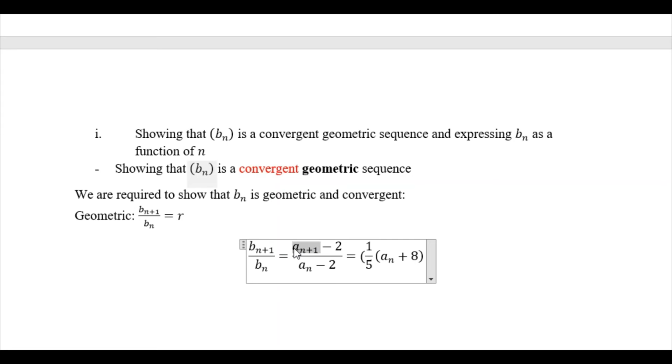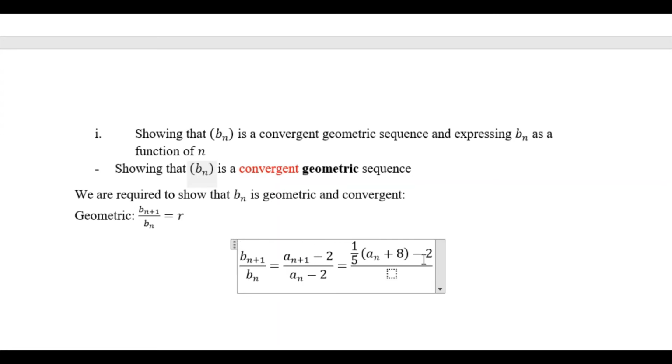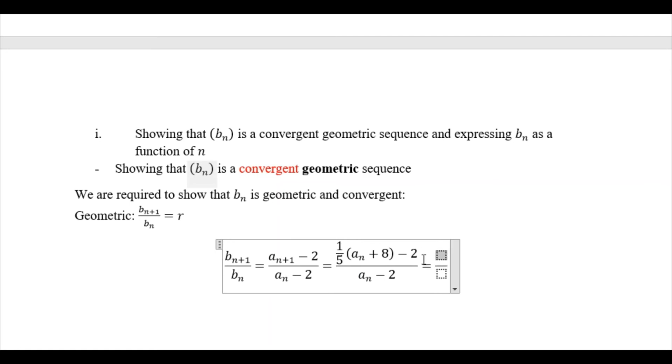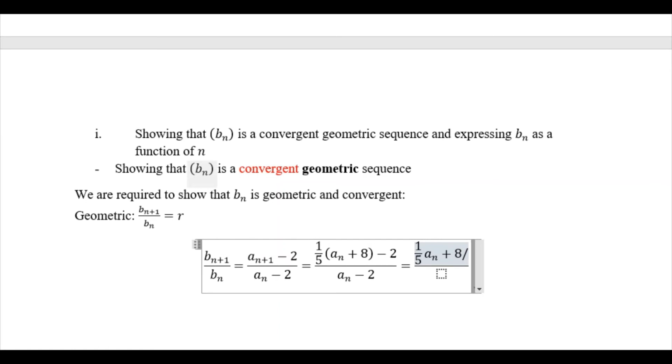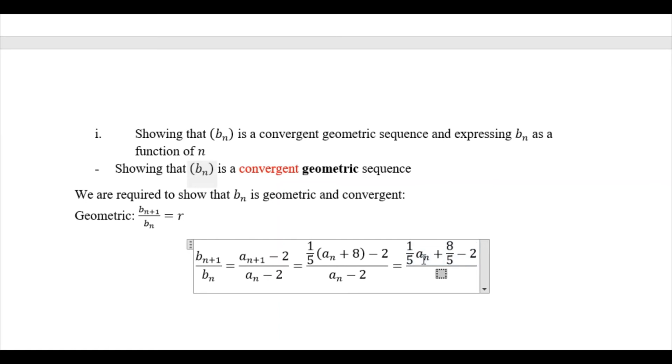Replacing it here, we have minus 2, all divided by a_n minus 2. Let's simplify. In the numerator you get 1/5 of a_n plus 8/5 minus 2, and in the denominator you still get a_n minus 2.